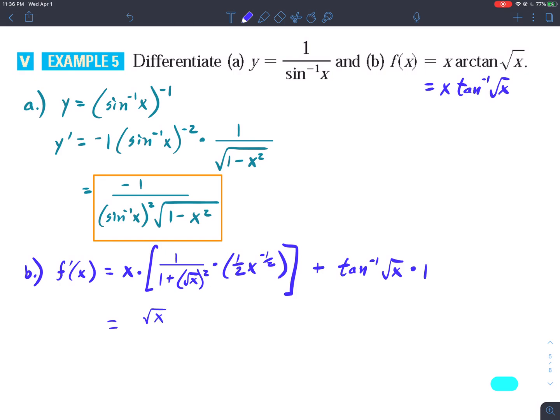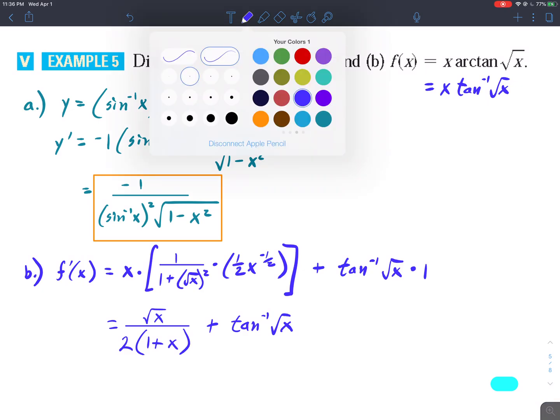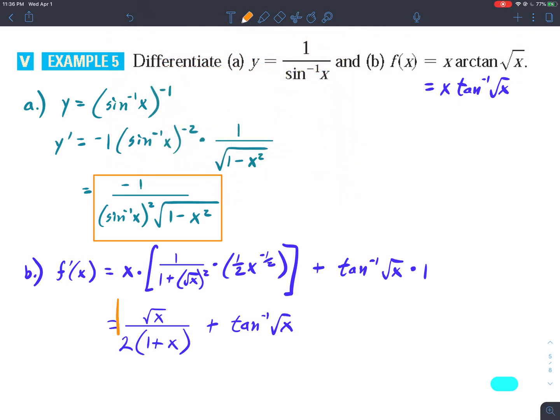So this becomes square root x in the top over, I won't multiply this out, 2 times 1 plus x in the bottom. That's just some algebra. Plus, this one doesn't change. It's just inverse tan square root x. All right? I think that's about as easy as we need to make this.